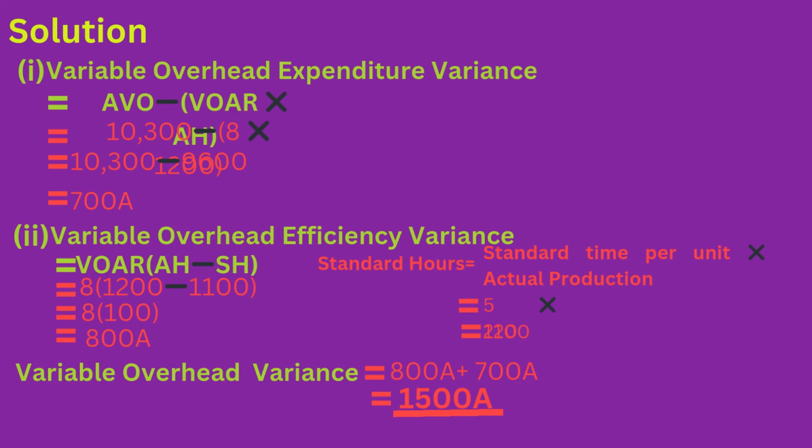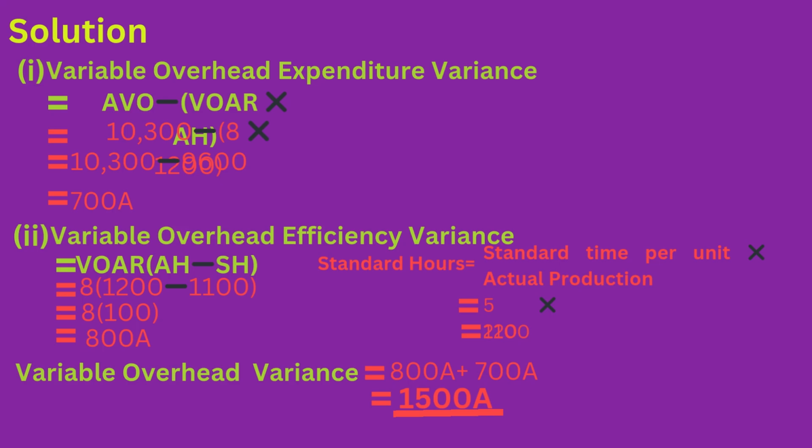So we get 10,300 minus 8 multiplied by 1200, which is 9,600. So 10,300 minus 9,600 is equal to 700, and because the actual cost is greater than the standard cost, we say it's adverse, so it's 700 adverse.